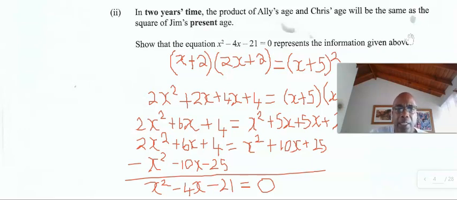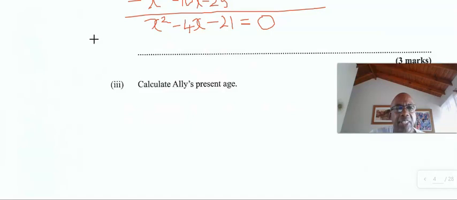In part B of the question, we are given the ages of 3 persons in terms of X: Ali, Chris, and Jim. Ali's present age was X years. The equation is X squared minus 4X minus 21 equals 0.